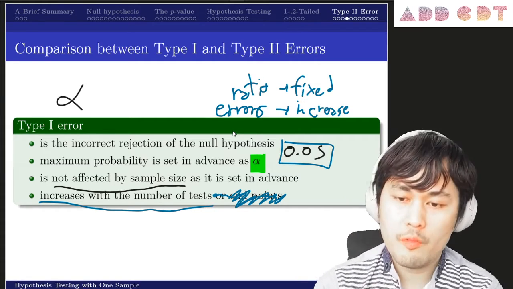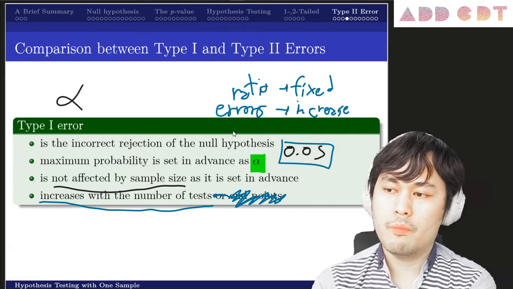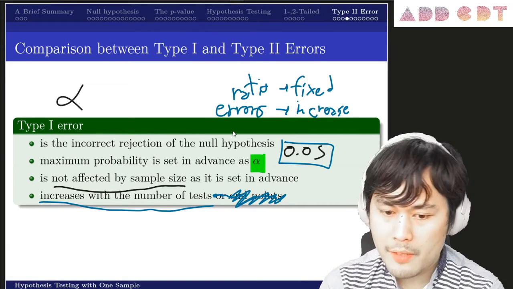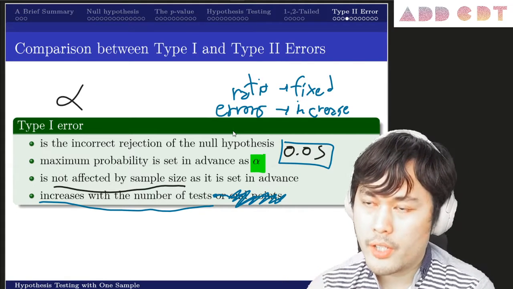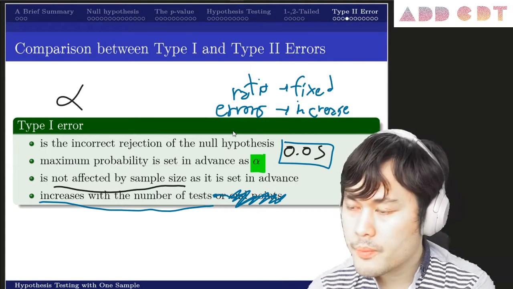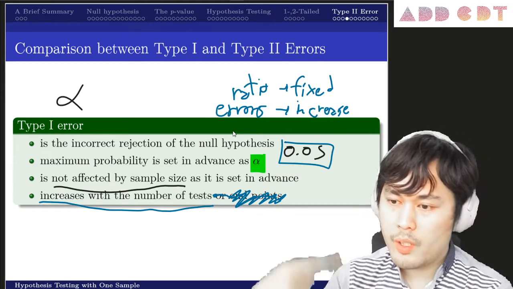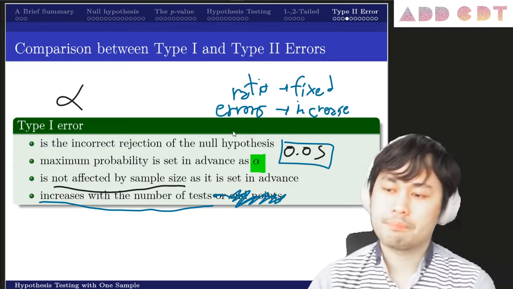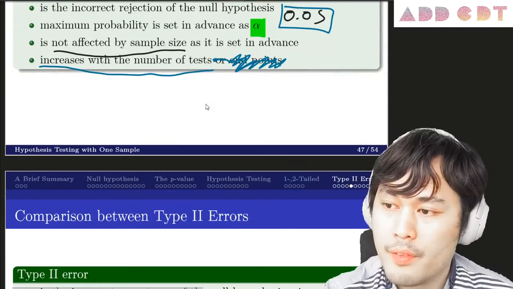Maybe if you perform that 100 times, 5 of them will be errors. 5 times we will reject the correct hypothesis. If we perform that 10,000 times, then we will be wrong 500 times. So that's the concept of scale. That's for the type 1 error.